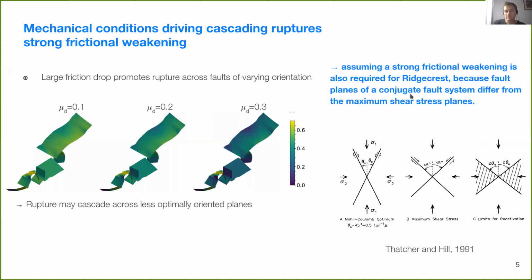This is an important ingredient for Ridgecrest because the fault planes of a conjugate fault system cannot both be optimally oriented. Typically, an optimally oriented fault is at an angle of 25 or 30 degrees with the maximum principal stress. So if faults are perpendicular to each other and the principal stress bisects the faults, then the angle might be around 45.